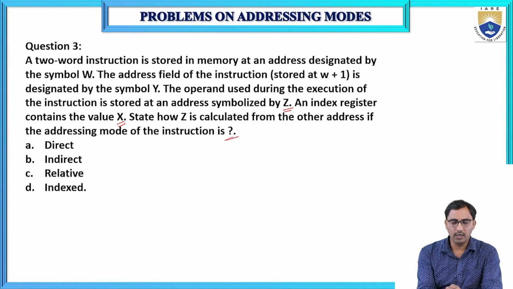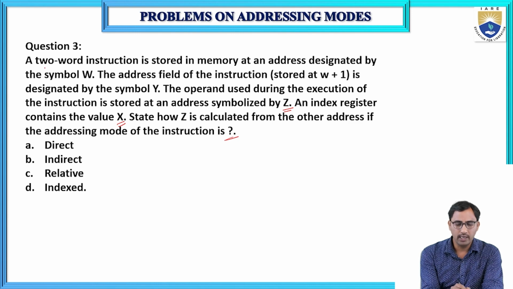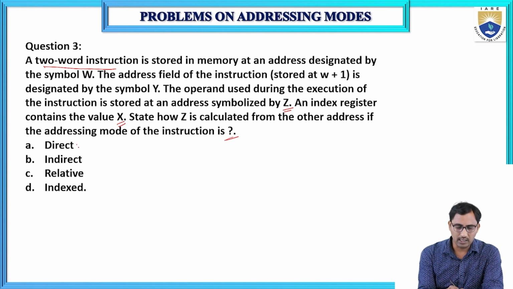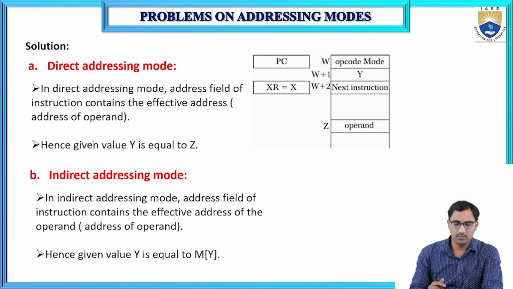So a two-word instruction is stored in the memory at the address designated by the symbol W. The first one is direct addressing mode.